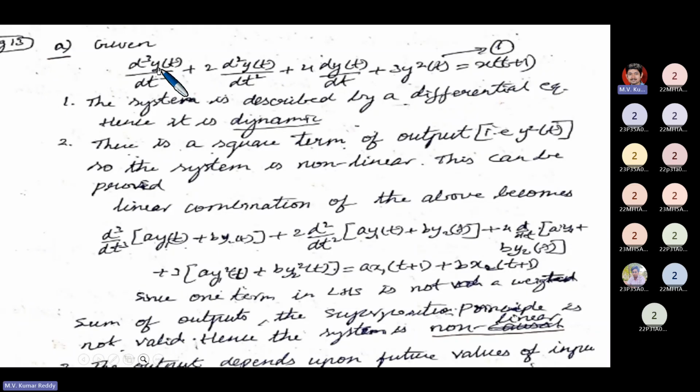Now put y2 and x2. Now we have two equations. In these two equations, the first equation has y1, the second equation has y2.